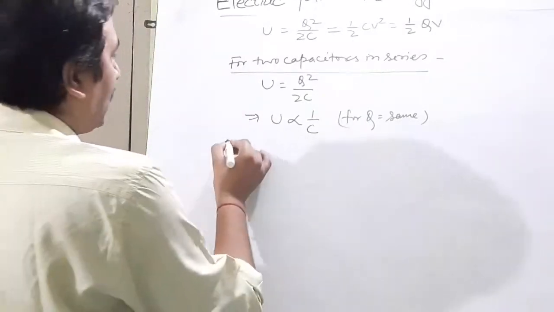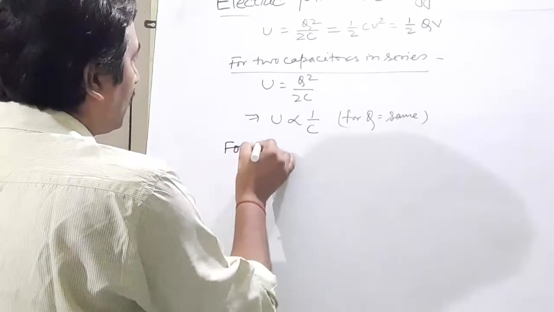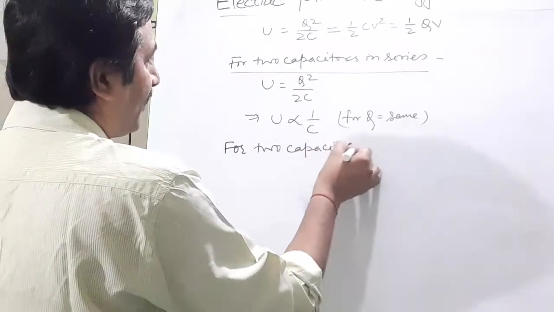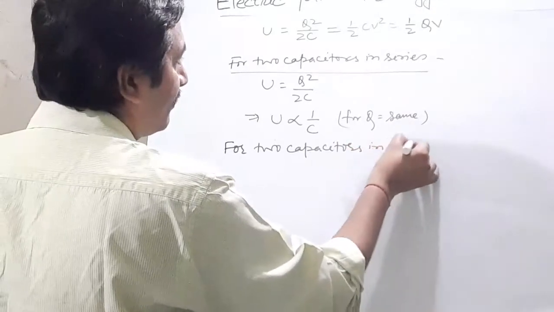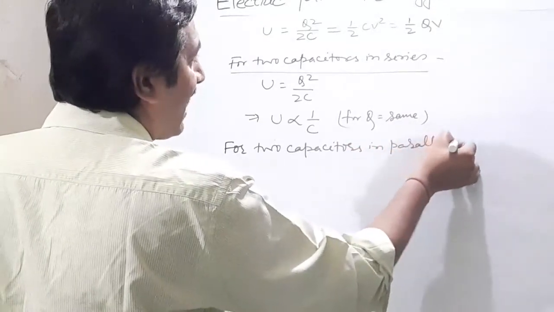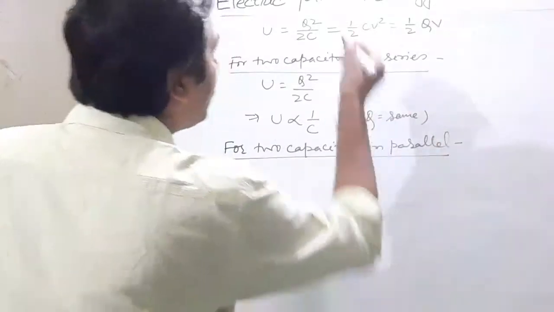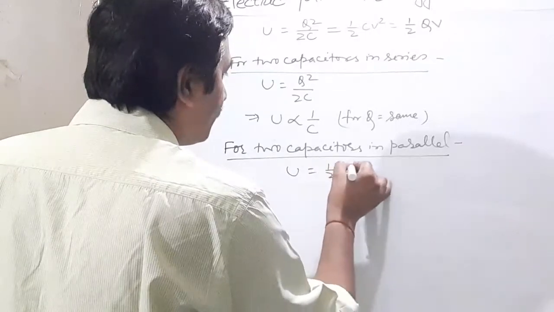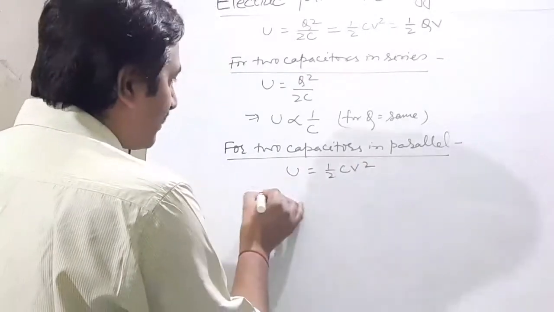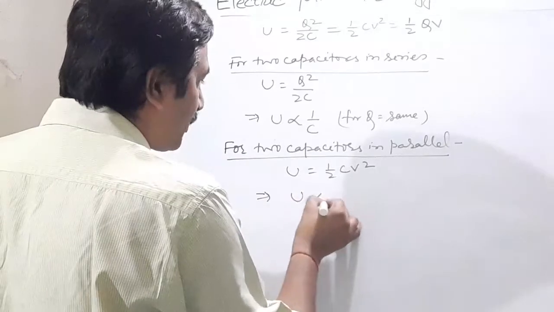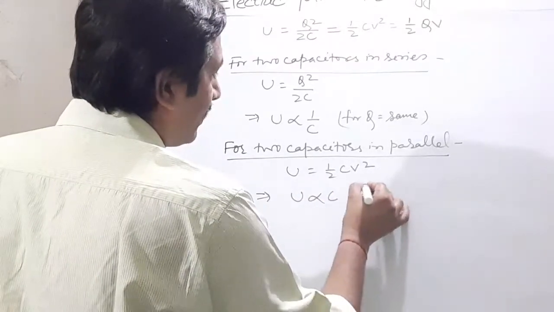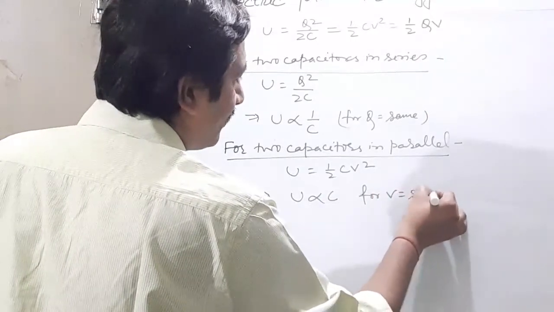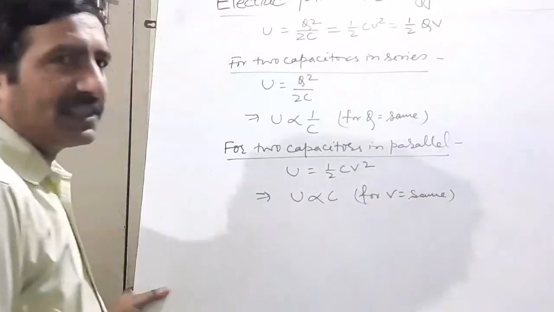If two capacitors are connected in parallel, then V remains the same. So U is equal to half CV squared, and if V remains the same, then U is proportional to C. That is, V is constant across both the capacitors.